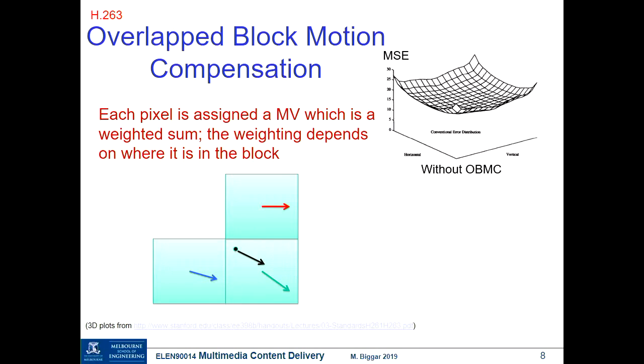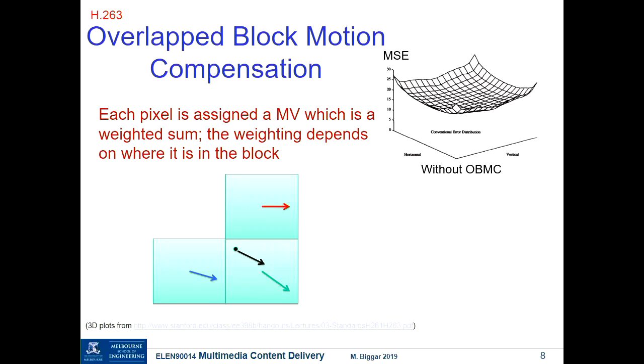So what's the result? If we look at the mean square error as a result of the motion estimation, averaged over lots of blocks, without this overlap block motion compensation, then we see that the error tends to be larger towards the outside of the blocks.